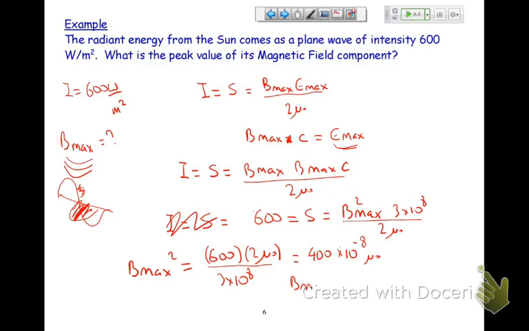So Bmax is equal to the square root of that. And what would that unit be? Tesla.